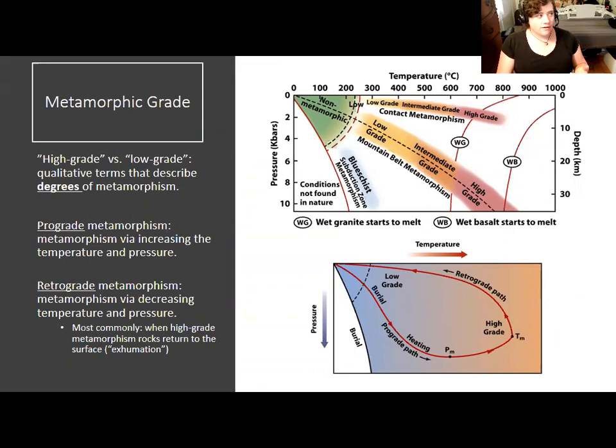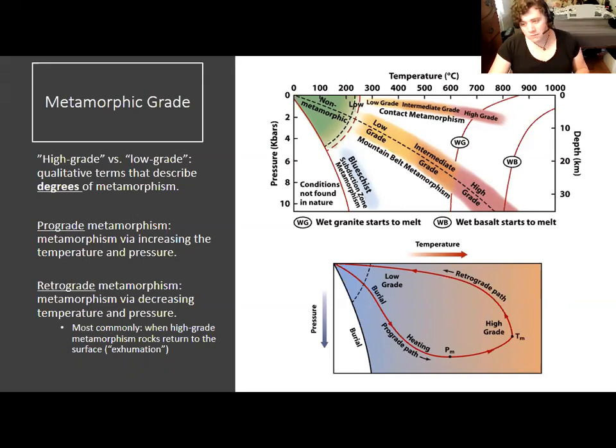And when I say relatively low, I mean that it's still happening above 200 degrees Celsius, still above 5 kbar, aka temperatures and pressures that would kill any living thing, and which make it so that we can't obviously be observing this happening directly outside of simulating it in labs, but relatively low compared to, say, 1000 degrees Celsius and about 10 kbars of pressure, which is what you get in some of the highest grade examples.